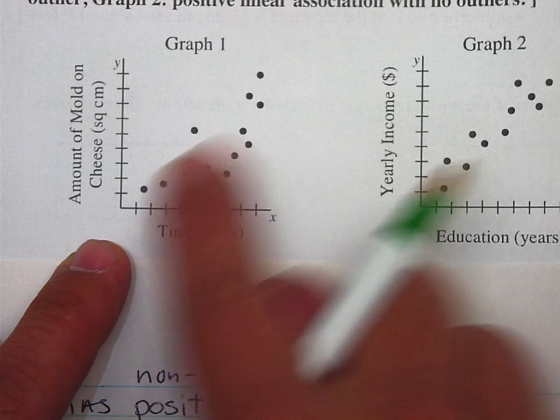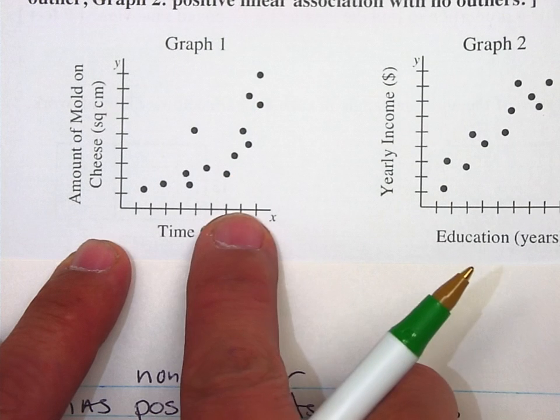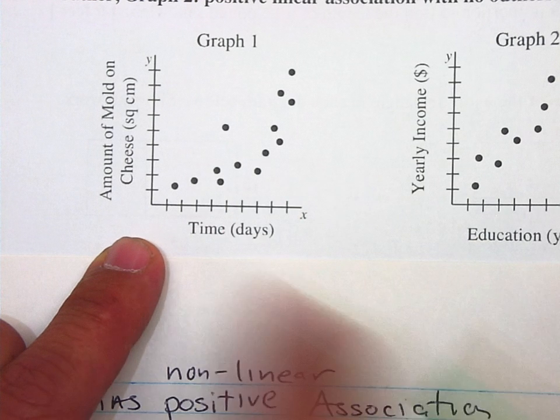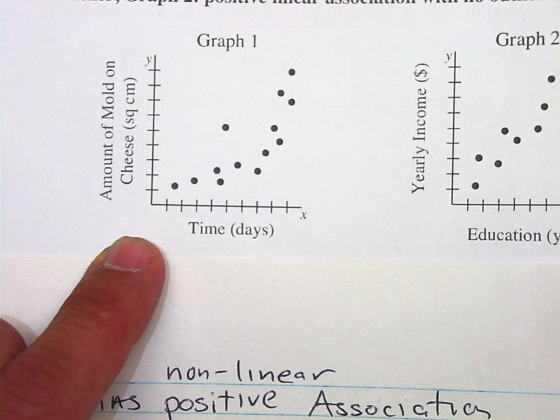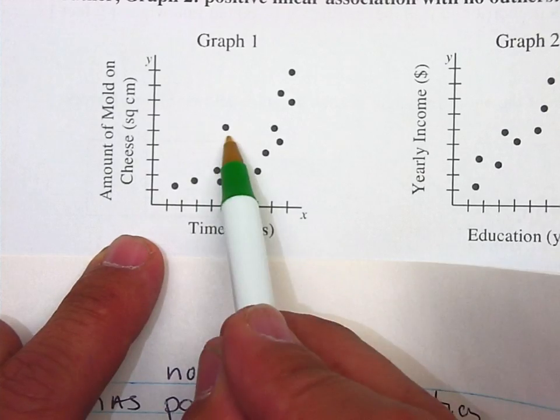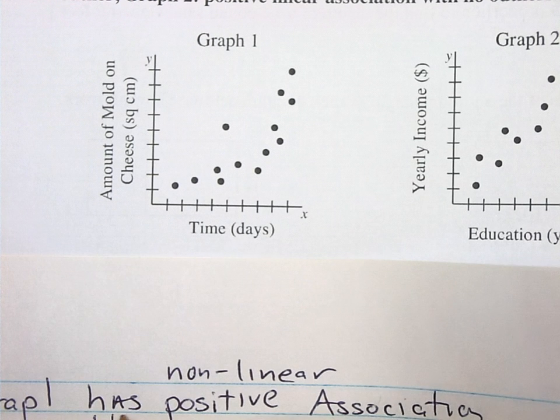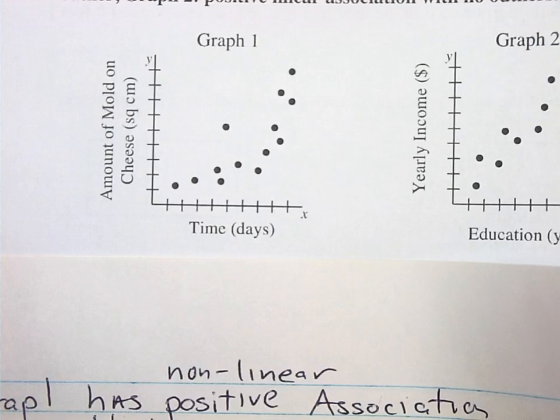So it's positive, but it's nonlinear. And does it have any outliers? Yeah, it has one. Where is it? Boom! Right there. That's your outlier right there. So we also write it has one outlier.